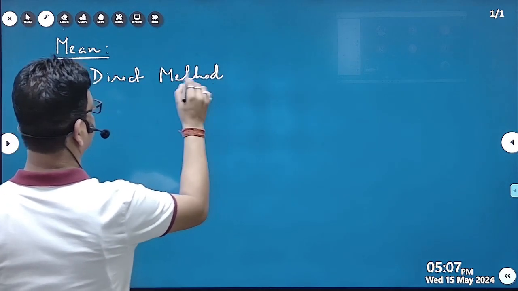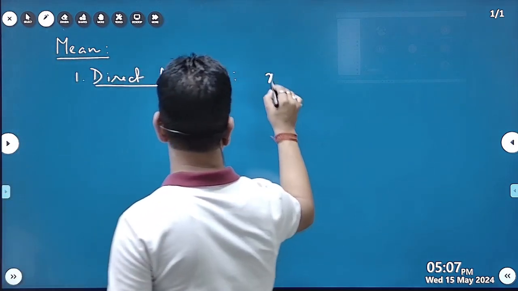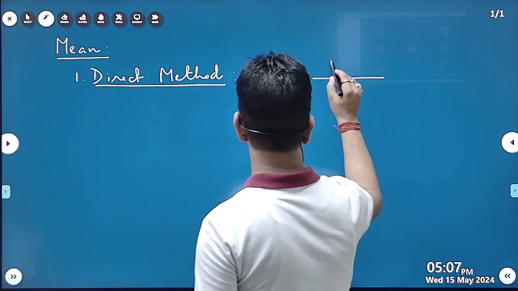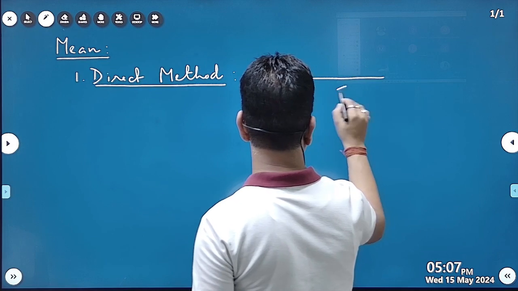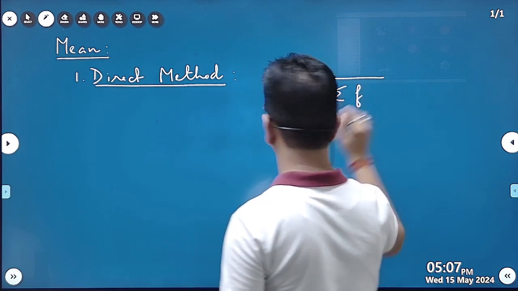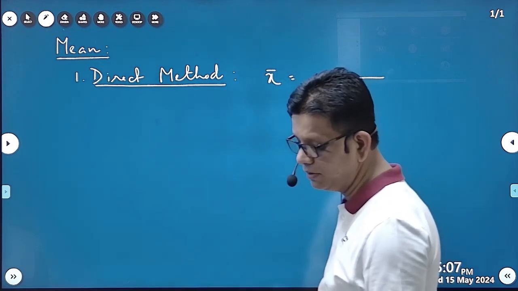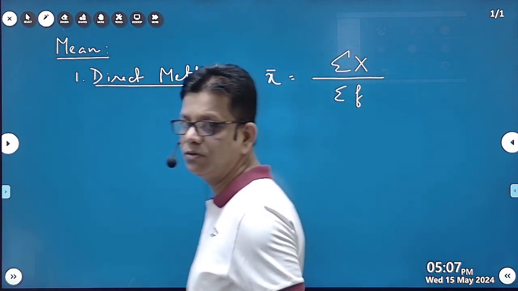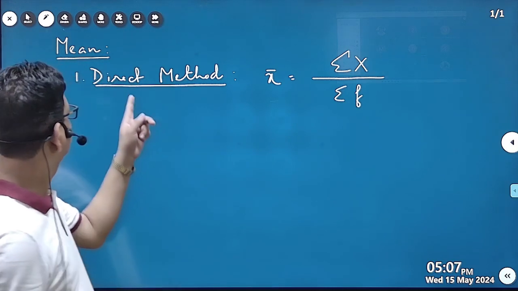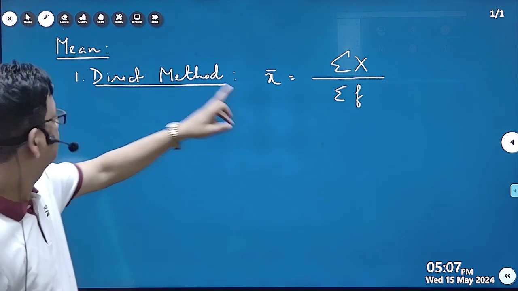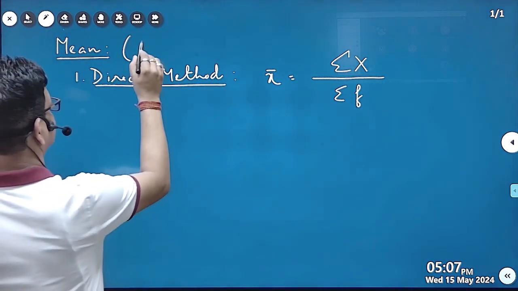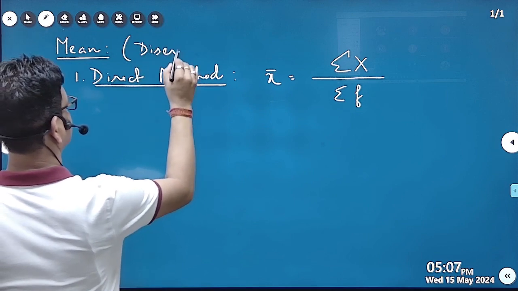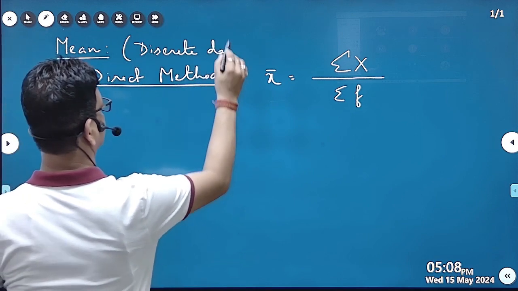In the direct method, the mean x bar is summation of x divided by summation of f, that means summation of frequency. This direct method is for discrete data.